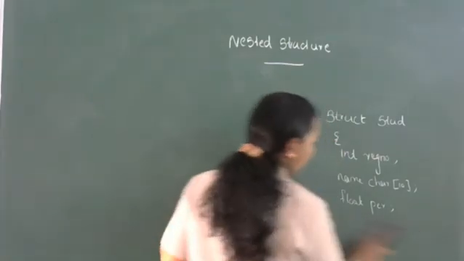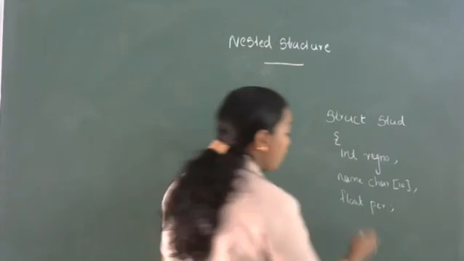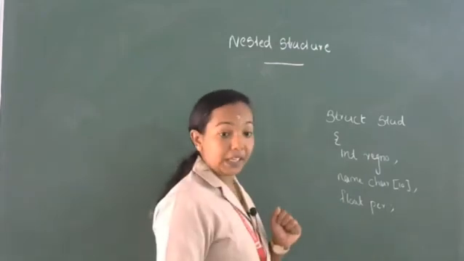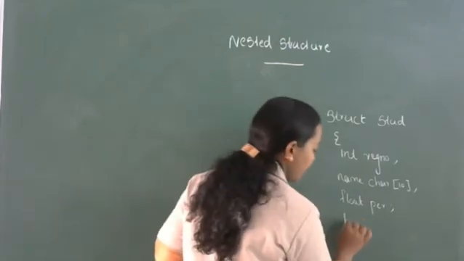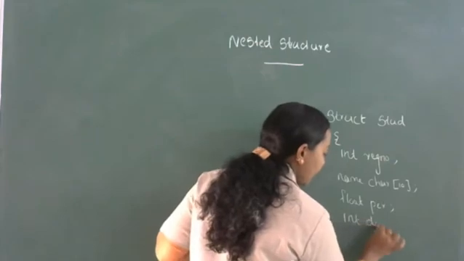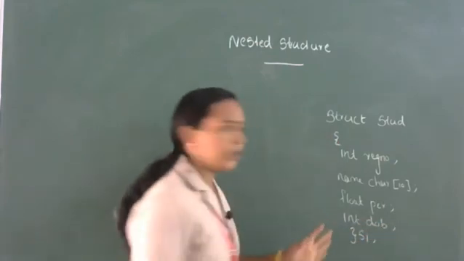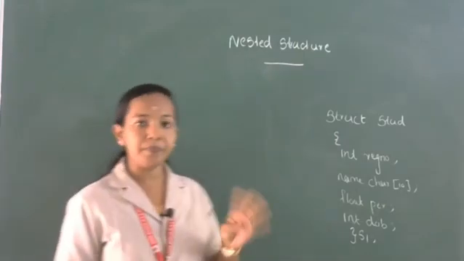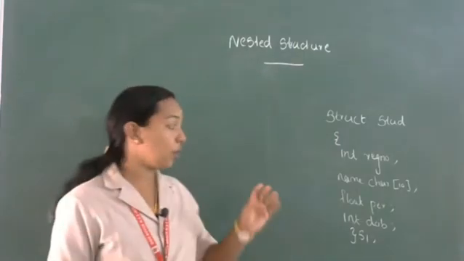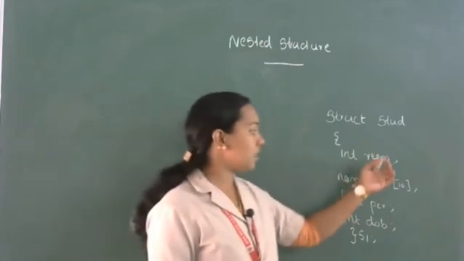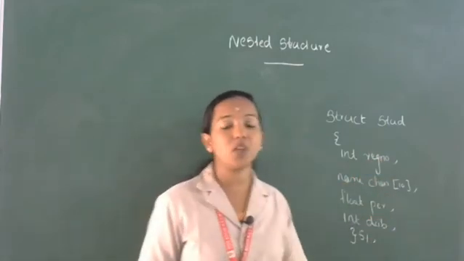Suppose I want to represent the date of birth of a student. I can write like this: int DOB, then S1. There is no change. Here I am including four different variables: register number, char, percentage and date of birth of a student.